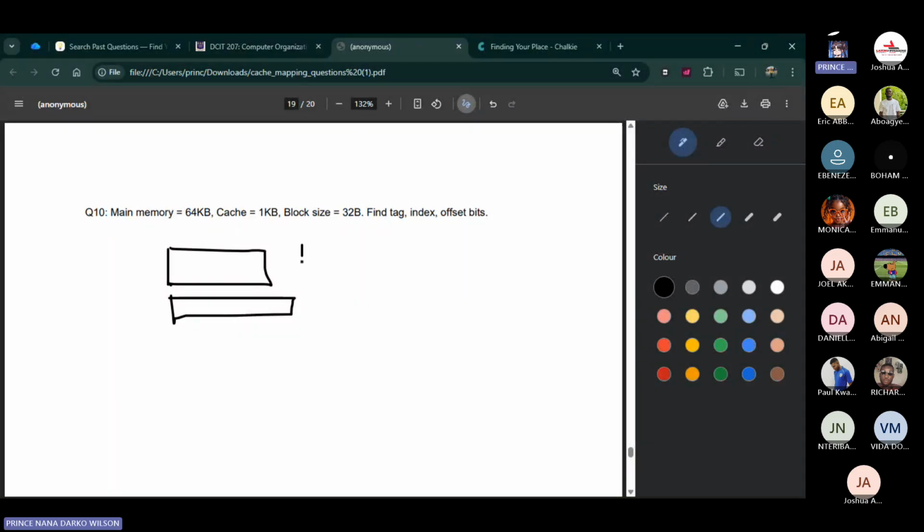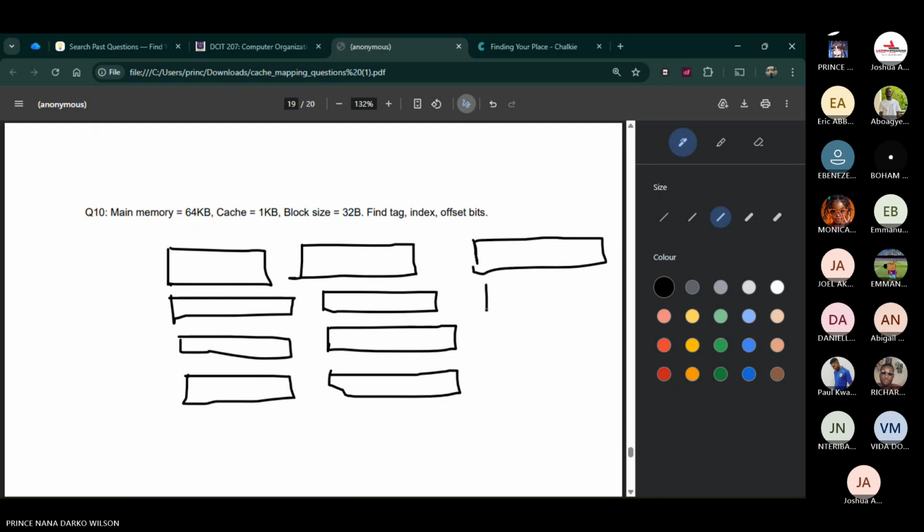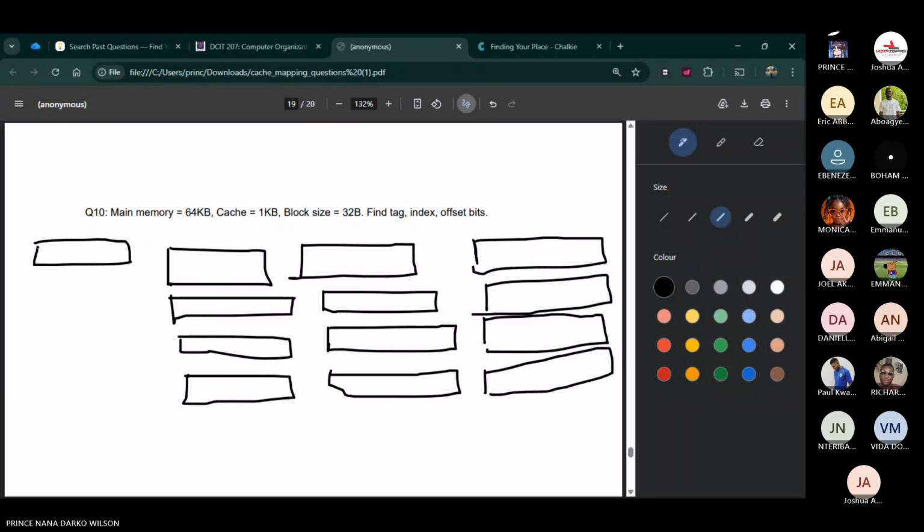They should have the same size, okay, and this is 3, this is 4, this is 5. All these are lines in cache, okay?